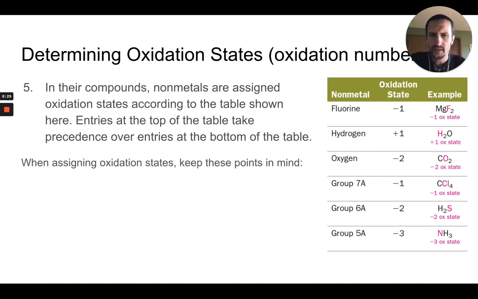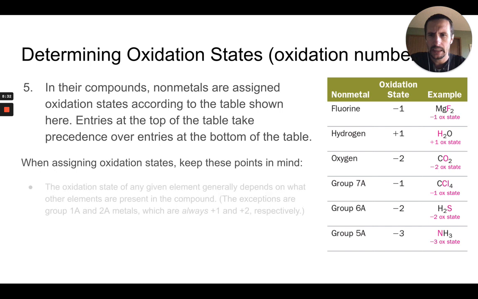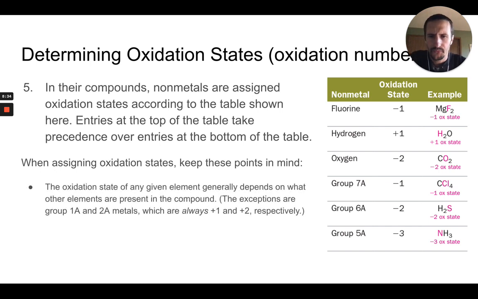A couple of things to keep in mind when you are assigning oxidation states. Oxidation states generally depend on other elements that are present in the compound. Obviously, we mentioned Group 1A and Group 2A metals. They're always +1 and +2 respectively, but the other elements in the compound, their oxidation states depend on what they are paired with.